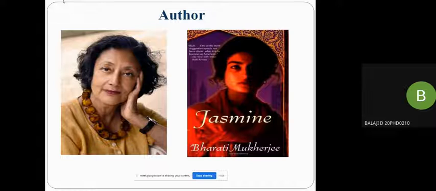In this novel, Jasmine serves as both a representative of the ideal maximalist immigrant lady and a catalyst for change, inspiring other immigrants to embrace their maximalist selves. Bharati Mukherjee admits in her interviews that she values Indian immigrant ladies more than their male counterparts.